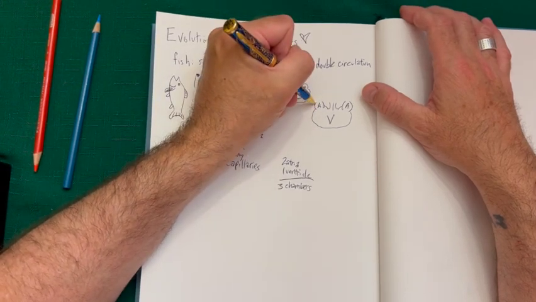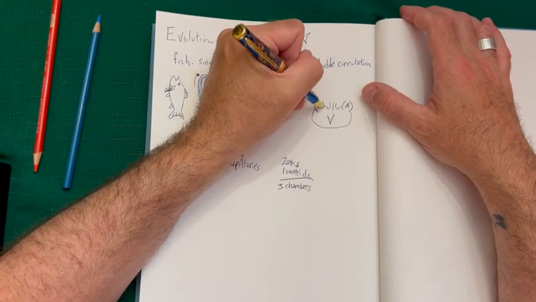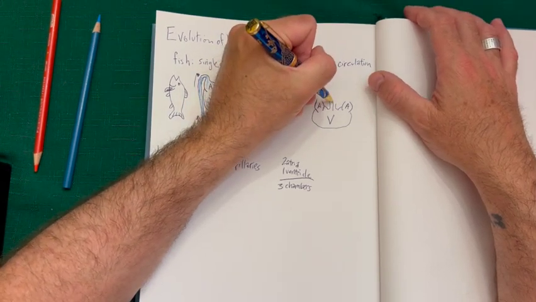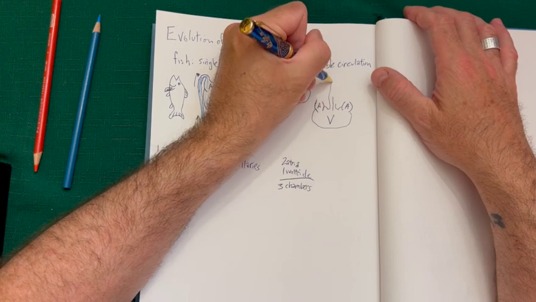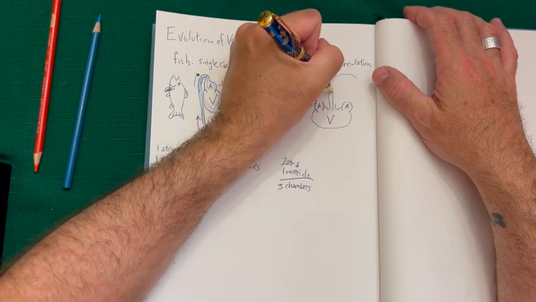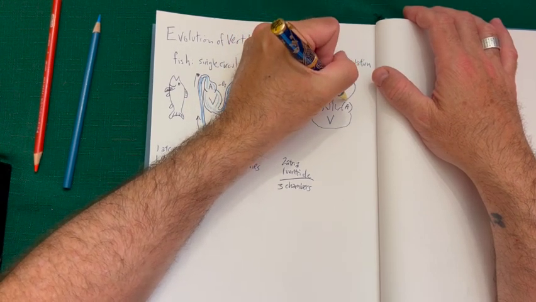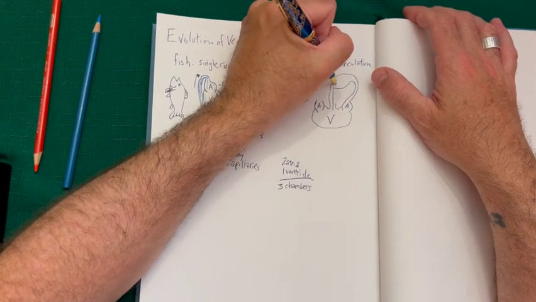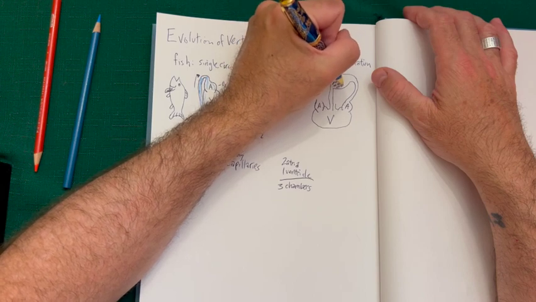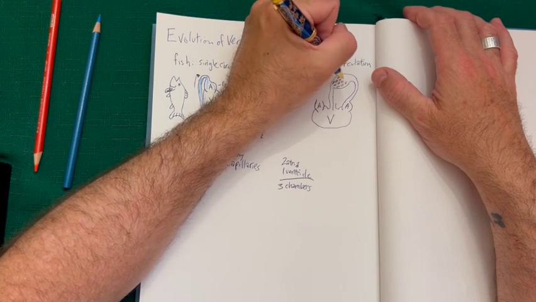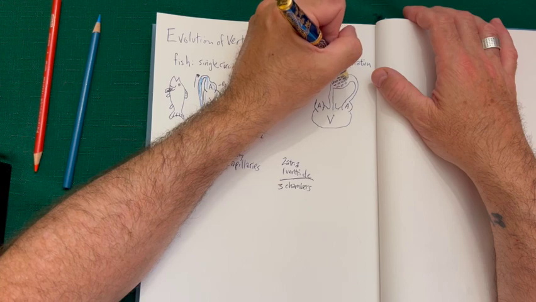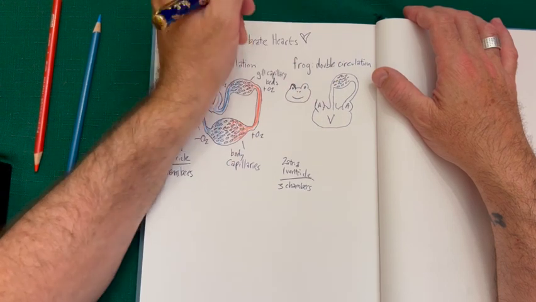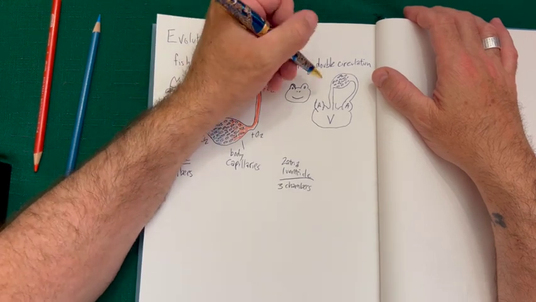Okay, so blood is going to flow into one of those atria, and it's going to flow through a capillary bed, actually several different capillary beds, because it turns out that amphibians do a lot of their breathing through their skin.